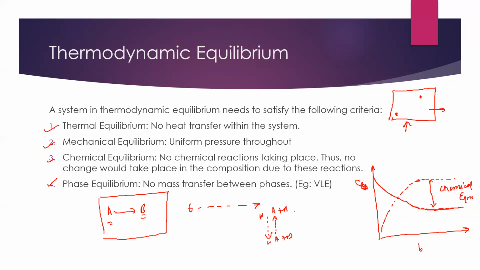Similarly for B and similarly for the overall system, right? So in that case, we'll consider them to be in phase equilibrium. So these four criteria need to be satisfied when we want a thermodynamic equilibrium to be established within a system. Even if one of the criteria is not followed, then the system is not under thermodynamic equilibrium.